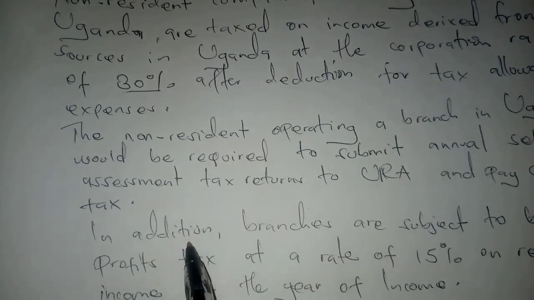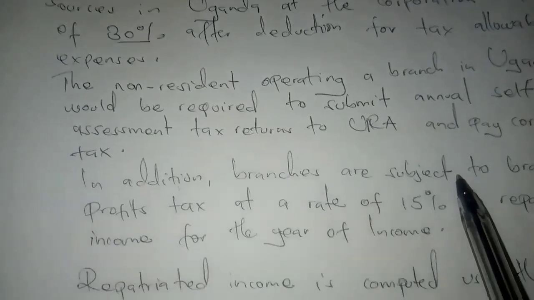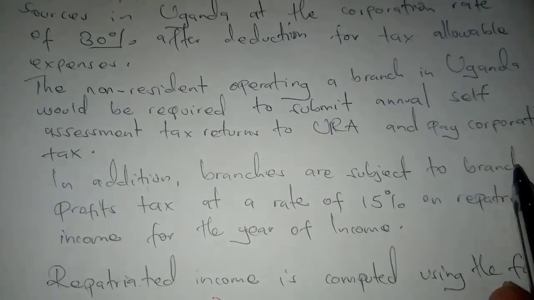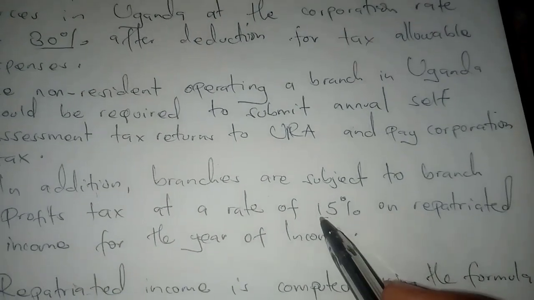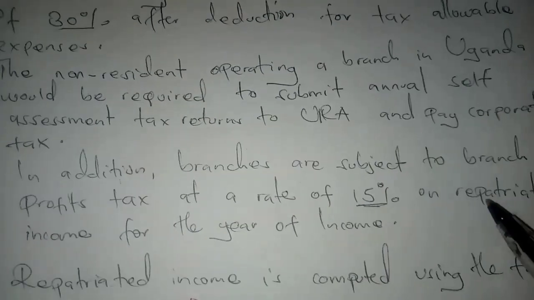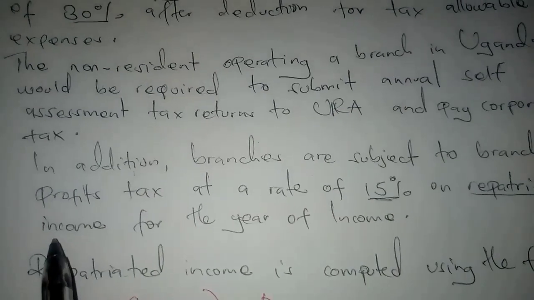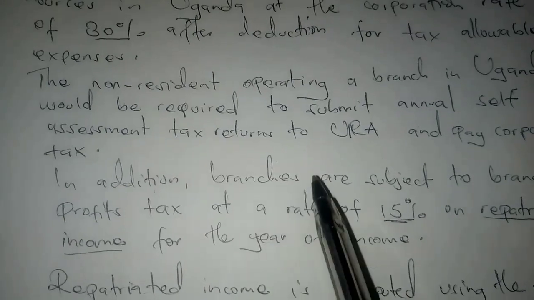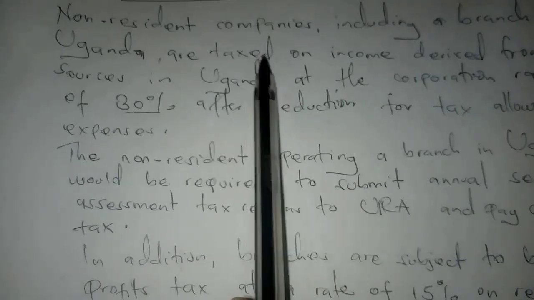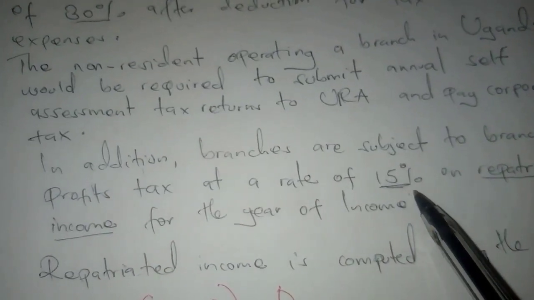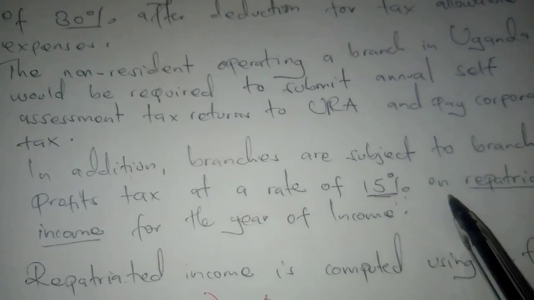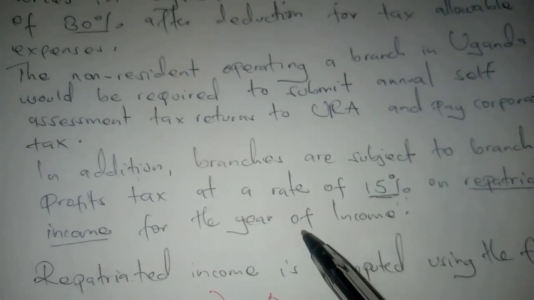In addition to that, branches are subject to branch profits tax at a rate of 15% on repatriated income. So branches pay the corporation tax of 30%, and they also pay a tax of 15% on their repatriated income.